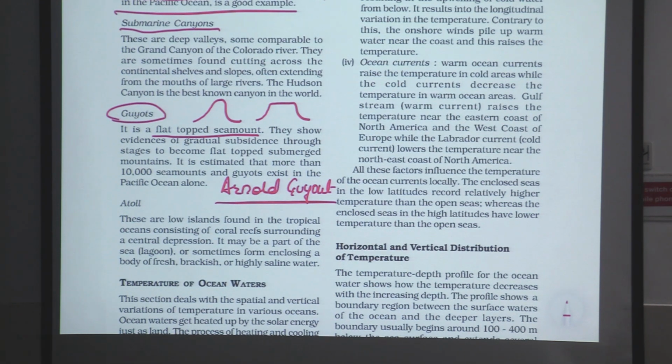So major features that I see with the oceans are continental shelf, continental slope, deep sea plain and trenches. And which are the minor features as per NCERT?